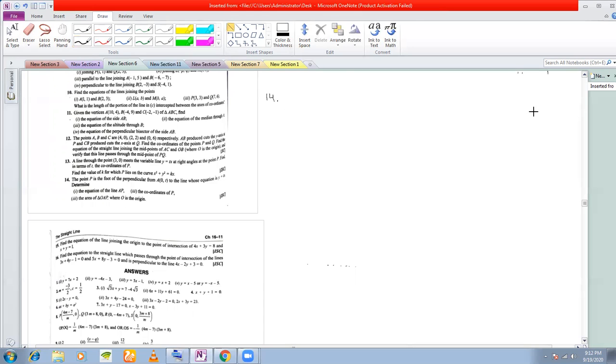So what do you have here? You have a line, say y is equal to tx. And from the point A, (0, t), we are drawing a perpendicular on this line.